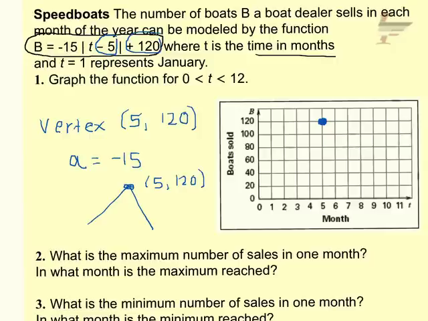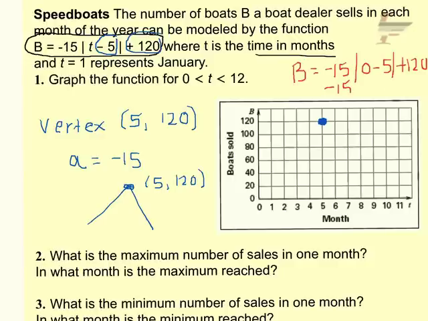So, for example, put in 0 for t and figure out what the boats sold would have been. So off to the side, I'm just going to really quickly do that, and it shouldn't be anything that's tricky for you. So negative 15, and I'm going to put 0 in for t. And then, of course, do the math. So 0 minus 5 is negative 5, but the absolute value of that is positive 5.